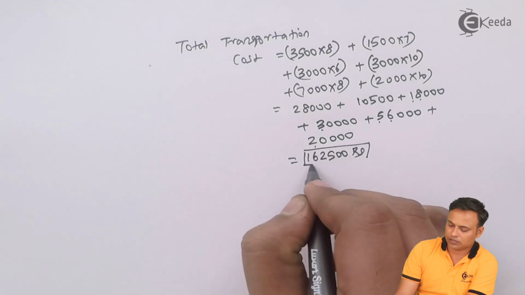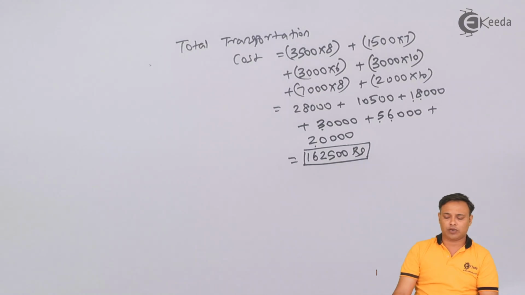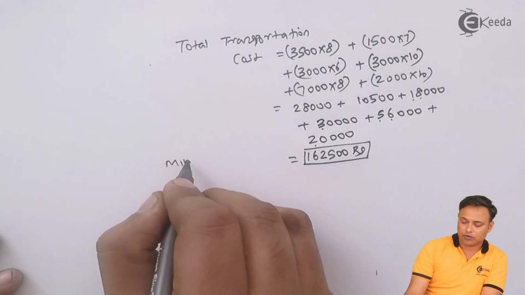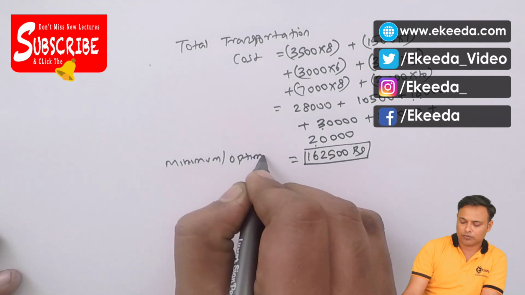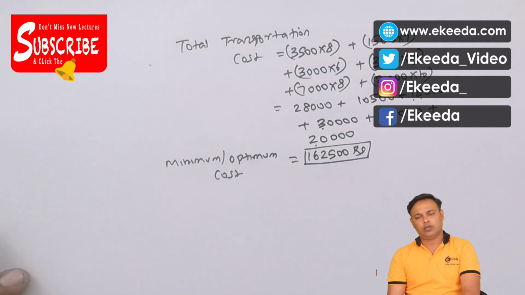So friends, this is our final solution, the optimal solution. This is the lowest possible cost. I can write it as the minimum, or I can call it the optimum cost of transportation.